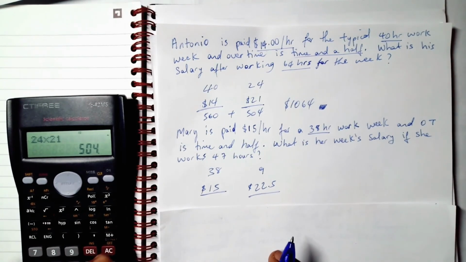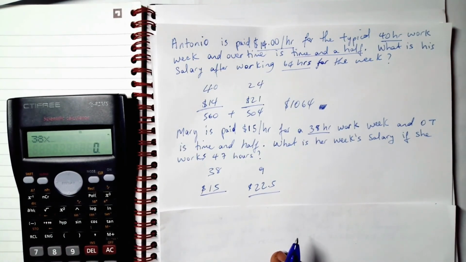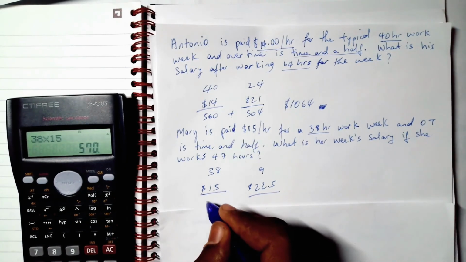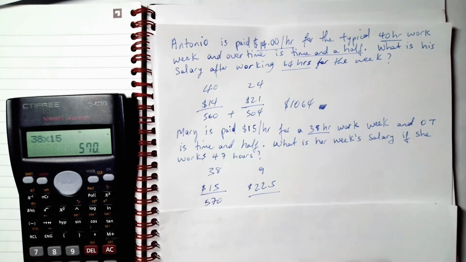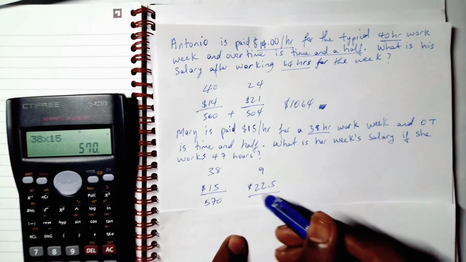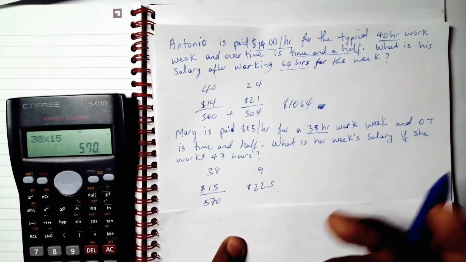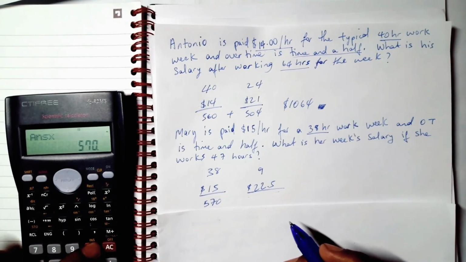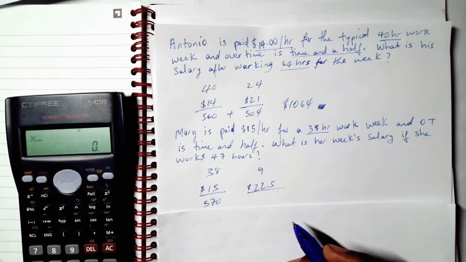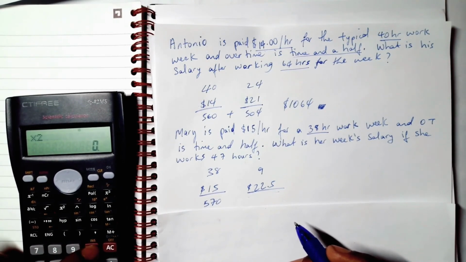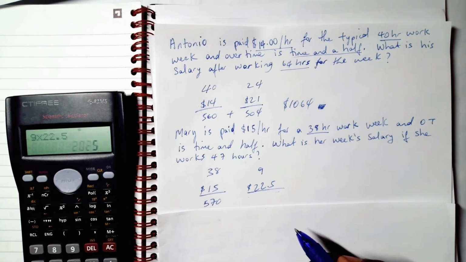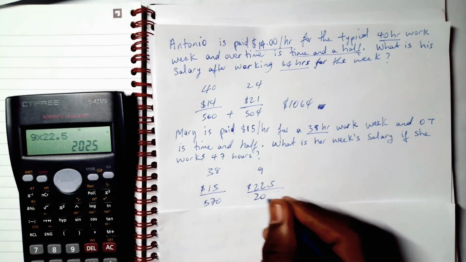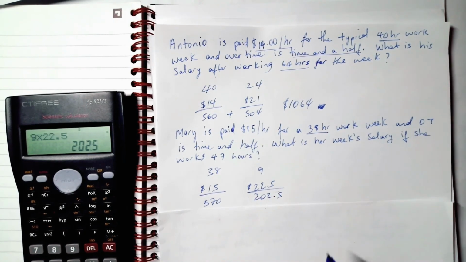Alright, we go to our calculator. 570. Plus 9 times 22.5. 202.5.